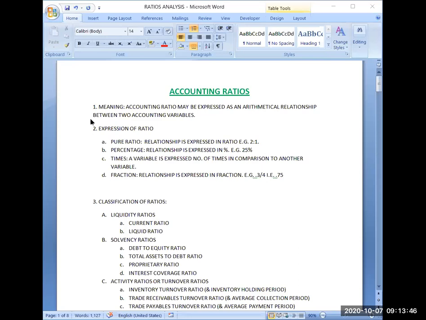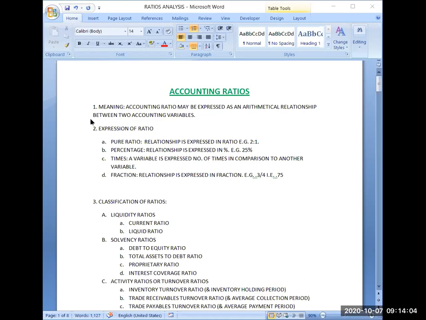You will be getting information regarding other types of income of the company, that is other income. You will be getting information regarding various expenses. And then afterwards, you will be getting information regarding profit and tax of the company.